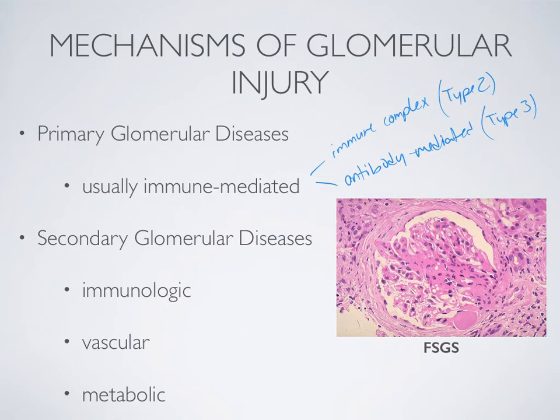The antigens could be either normal proteins of that glomerular structure, or, like in post-streptococcal glomerulonephritis, microbial antigens get deposited in the glomerulus itself, and then antibodies bind to that, and they get trapped there.